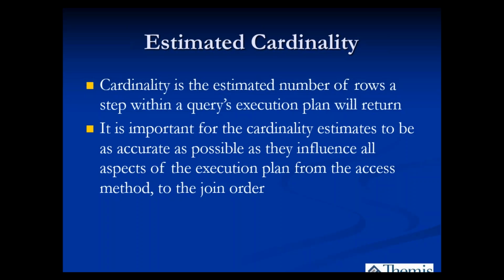Now, we could get a bad cardinality because maybe statistics are off for one thing, or if I have missing statistics, some of you already know this, then he may go out and do a dynamic sampling to get some temporary statistics that he could use in coming up with the execution plan. And depending on the sample, some samples are good, some samples are bad.